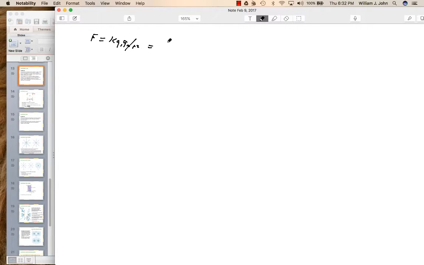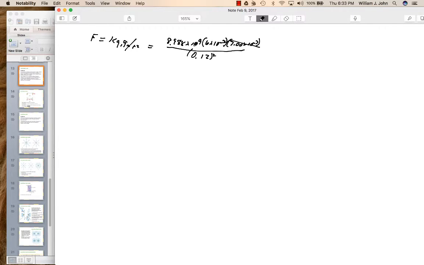Now in this case, K is 8.988 times 10 to the 9th times Q1 is 0.6, or 6 times 10 to the minus 7th coulombs, 0.6 microcoulombs, and the other one is 7 times 10 to the minus 7, and this is all divided by 0.12 meters squared.